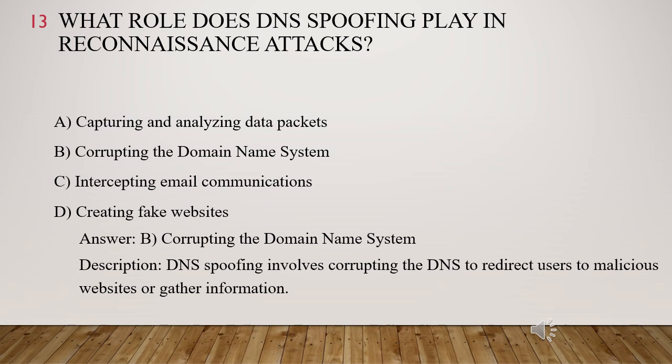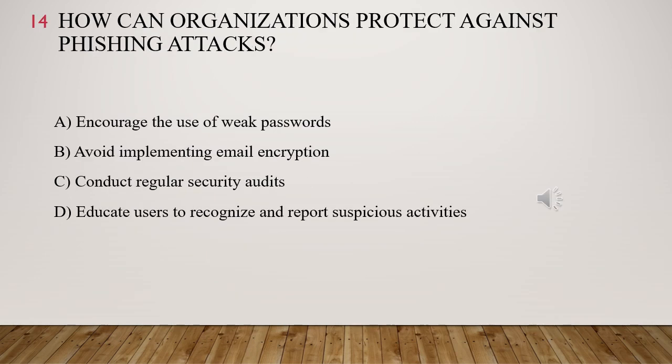Planting malware: the spoofed website might contain malicious code that infects user devices with malware, allowing attackers to steal data, gain access to systems, or launch further attacks. Observing user behavior: by analyzing how users interact with the spoofed website, attackers can gather valuable insights into their habits, preferences, and security vulnerabilities.